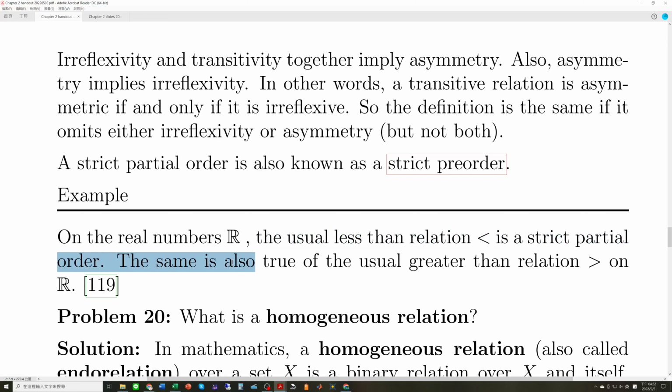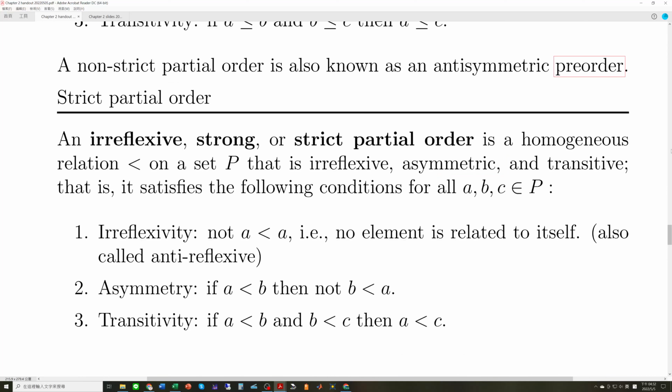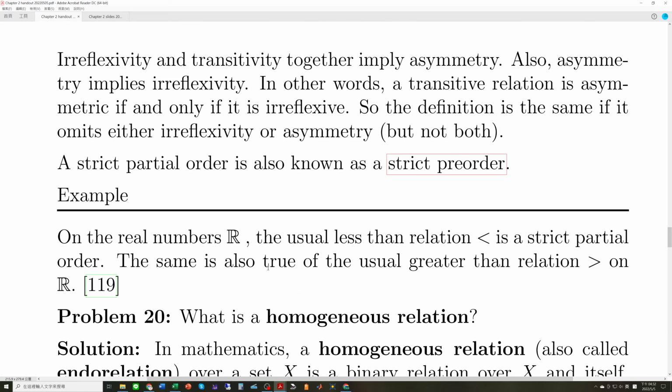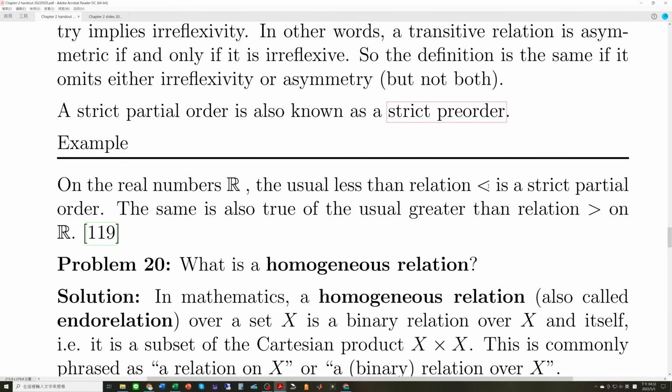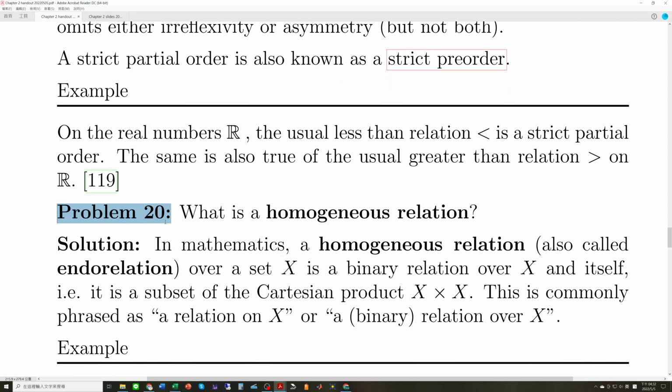The same is also true of the usual greater than relation. You can check this example according to the definition of the strict partial order, and you will find R with the less than relation is a strict partial order, and this is also true for the greater than relation.